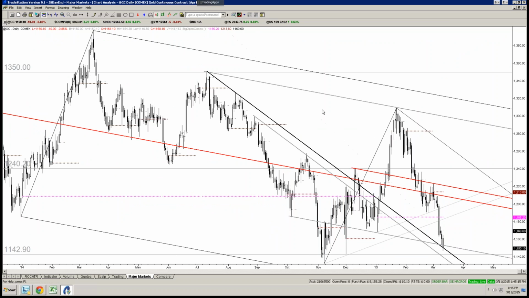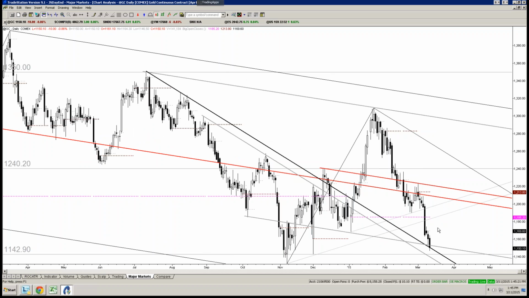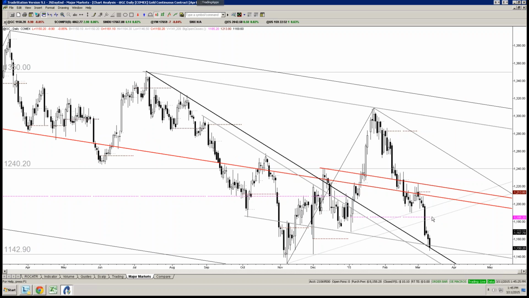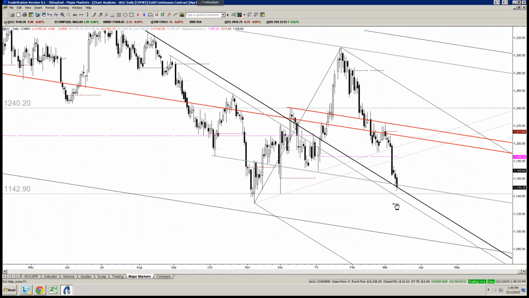Oops, what did I do? In any case, gold, feel kind of silly saying that there's possible support, but there is possible support here. Again, this is not support to buy. Okay, I'm not saying that. But this is a level for a bounce. Okay.